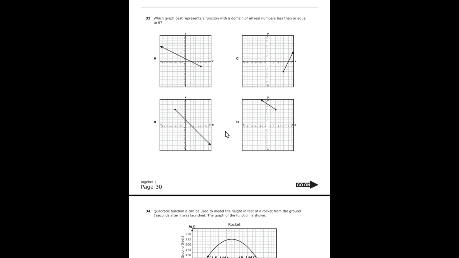So your arrow should point towards the left, and then 6 is your largest value. So I'm looking for an arrow pointing towards the left and also has another endpoint at 6, at the point where x equals 6. So this is not going to be good. So this is our best answer right here.